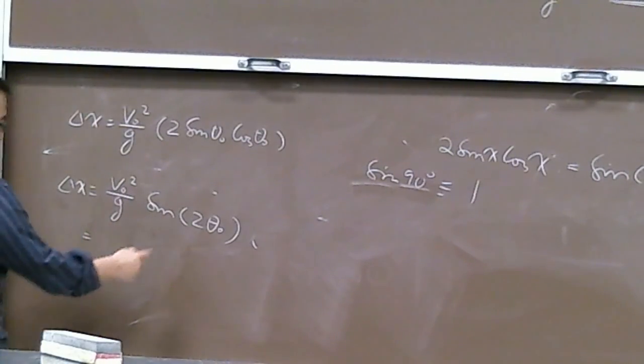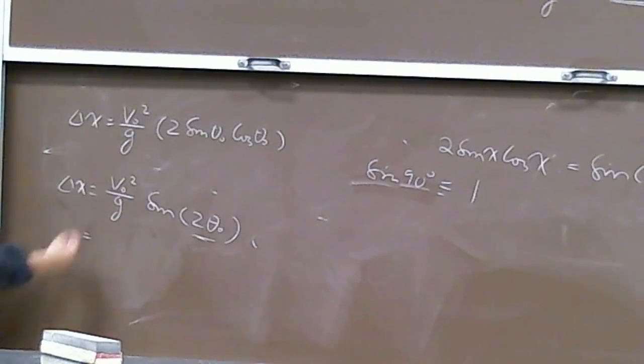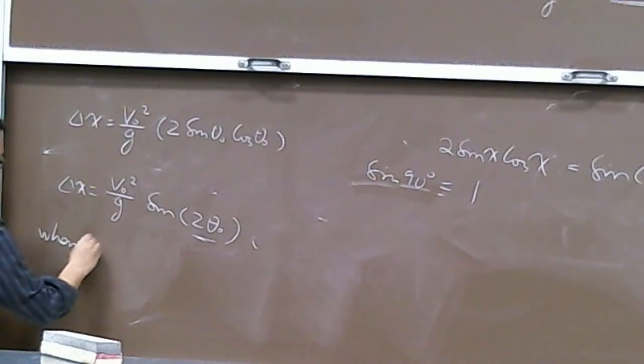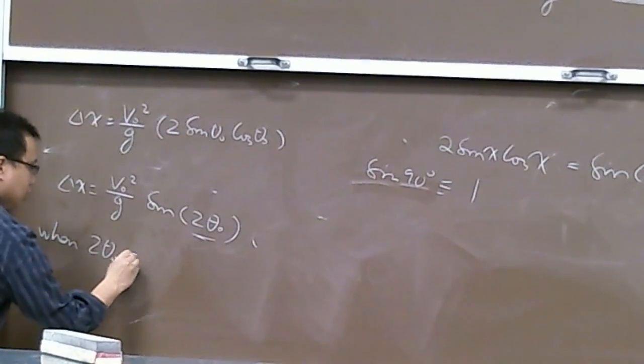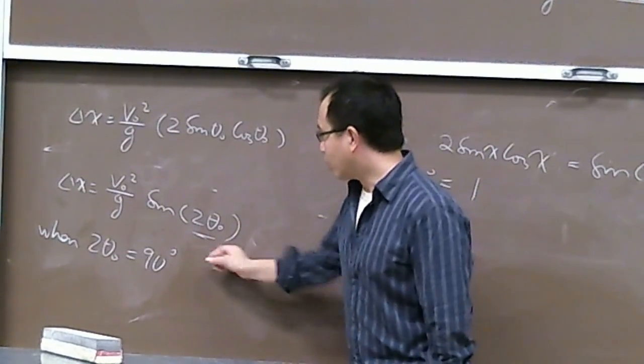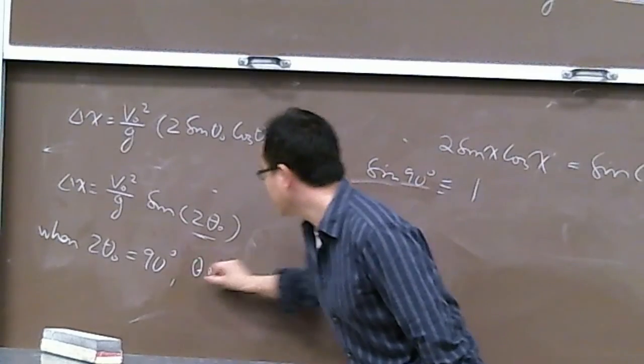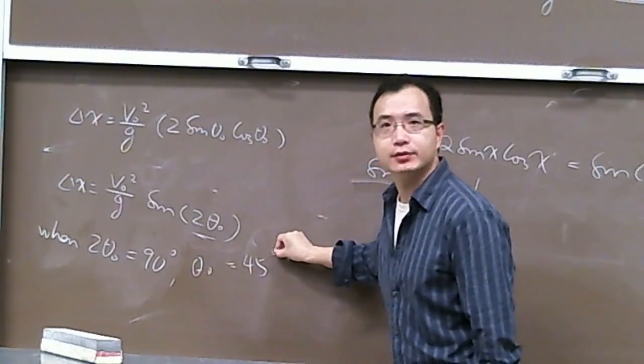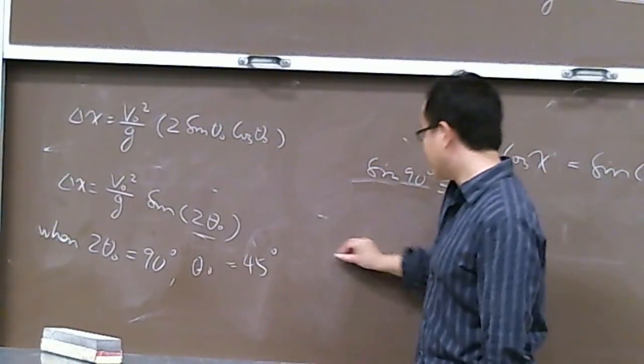So that means when 2 theta naught equals 90 degrees, or theta naught equals 45 degrees, you will get the maximum.